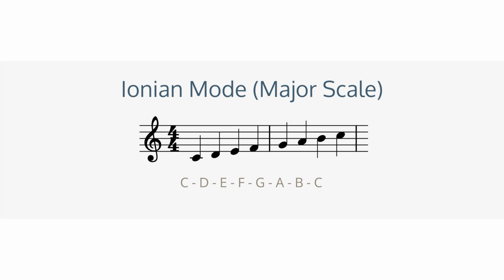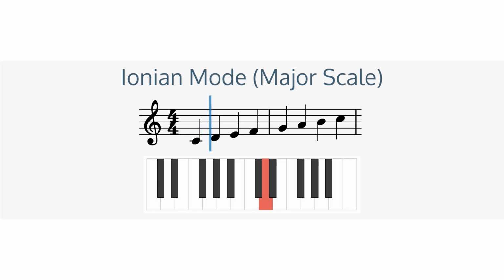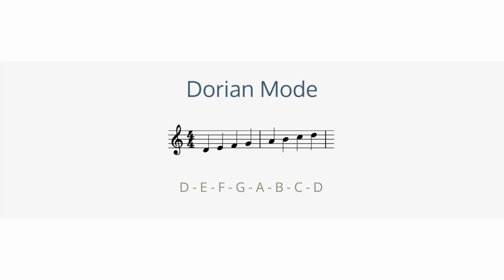Ionian mode has the same notes as the major scale because it starts with C. Therefore, Ionian mode is pretty much the same as the major scale. The Dorian mode is almost a minor scale.